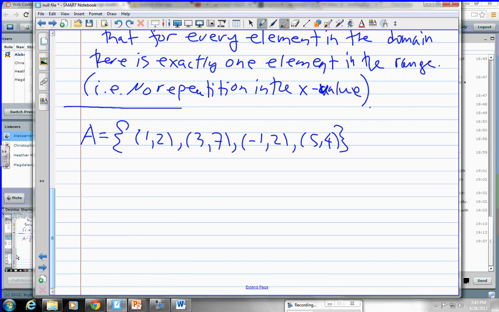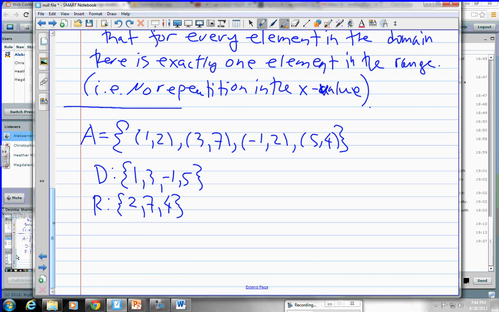First of all, what is the domain of this relation? 1, 3, negative 1, and 5. And again, you don't have to put them in order. You can if you want to, but you don't have to, because sets are in order. What is the range? 2, 7, 2, 4. Now, do I need to list 2 twice? No. 2, 7, and 4, because we know that sets are repetition free.